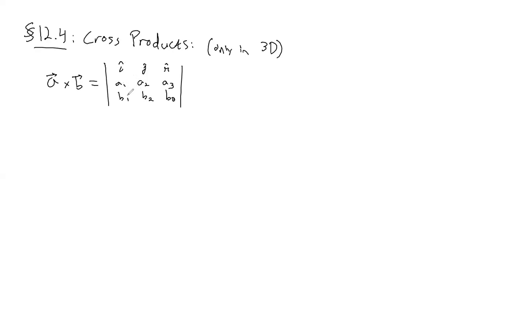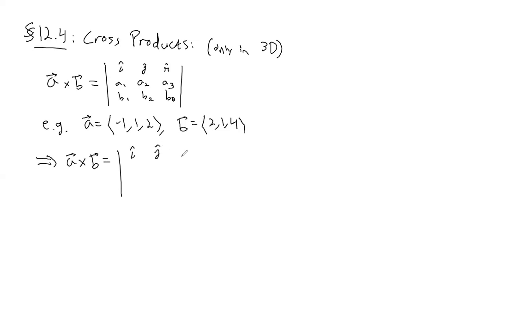So if you want to do a concrete example of something like this, you can take A to be, I don't know, -1, 1, 2, and you can take B to be 2, 1, 4. And if that's the case, then A cross B is I, J, K. Oh, sorry, I read the wrong vector.